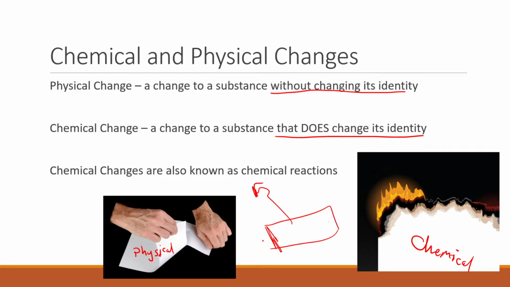It'll be crinkled and kind of messy because those straight lines are now going to be warped because of the water that you poured on it. But it's still a physical change. You don't have something new. You have water and paper, and you put them together and you got wet paper. So it doesn't actually change the identity of the substances.